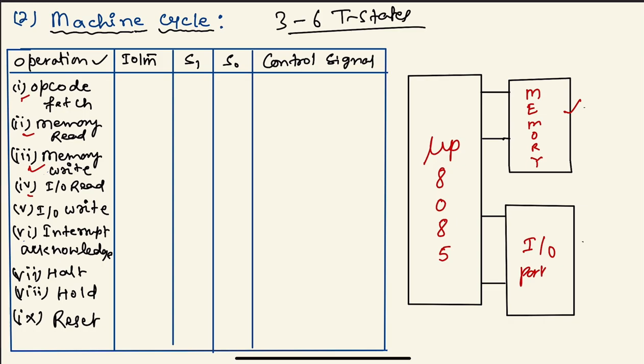Whenever this microprocessor is performing operations such as opcode fetch, memory read or memory write, the programmer or tester can identify its status by checking the signal called IO/M bar. This indicates whether the microprocessor is accessing an input output port or memory. Then, as per the status of S1 and S0, we can find out whether the microprocessor is reading the opcode or the operand, and then it generates the control signal.